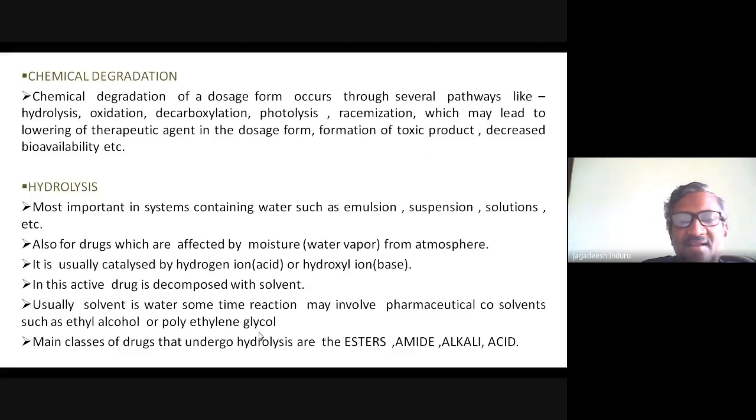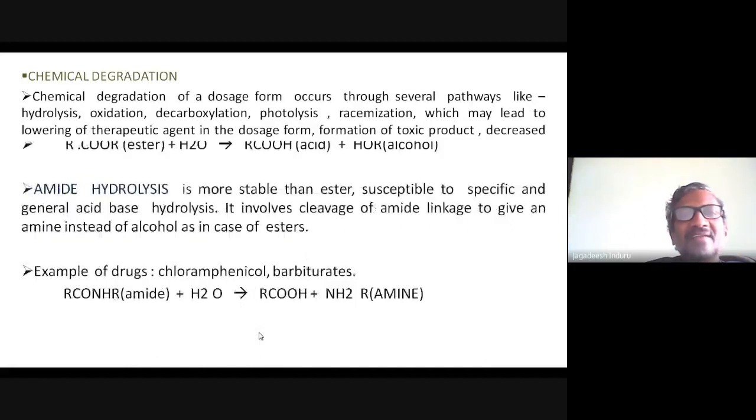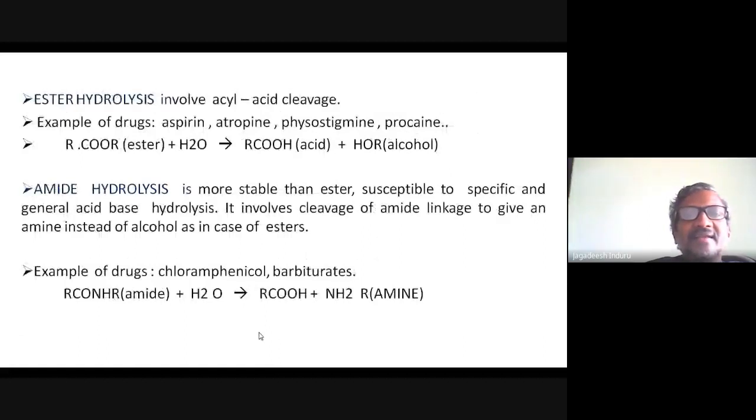In many cases, the drugs that undergo hydrolysis are esters and amides. These are more prone. Most of the time, in the presence of acid or alkali, esters and amides get cleaved. This is what we have already seen, the acyl linkage, that is acyl acid cleavage.